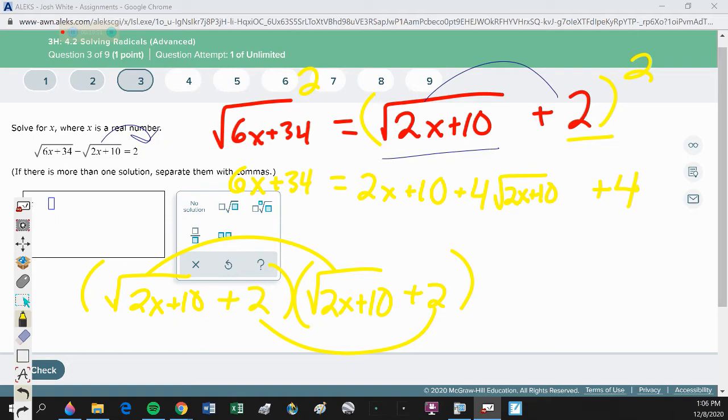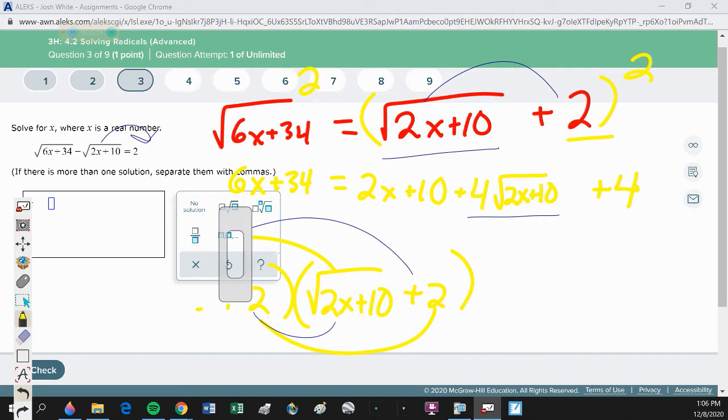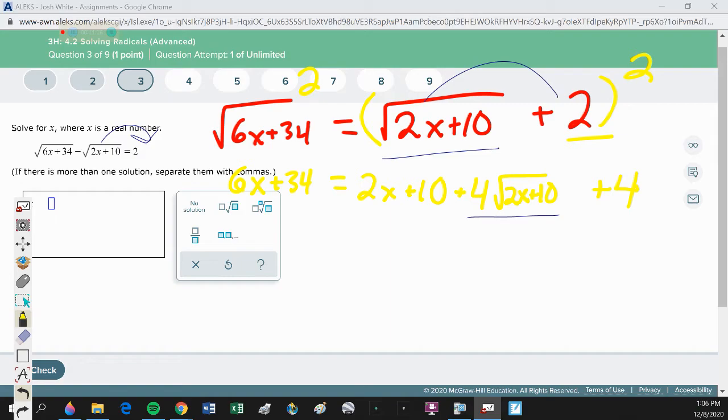So the hard one is doing this, which is 2 times the square root of 2x plus 10. And this one is exactly the same thing, 2 times the square root of 2x plus 10. And if you have 2 of something plus 2 of something, you end up with 4 of that something. It's like 2x plus 2x is 4x. Okay. Now what?